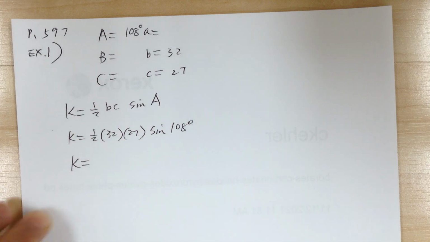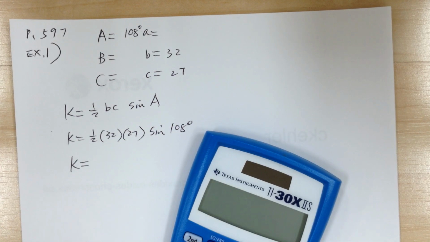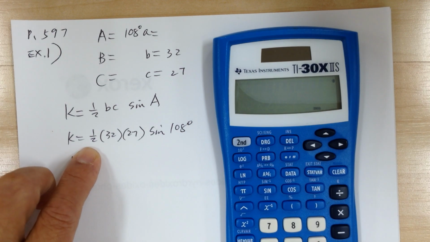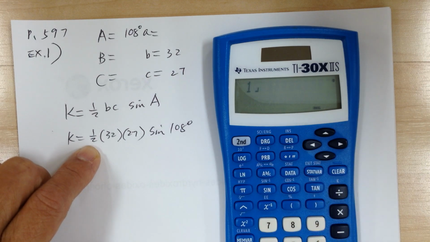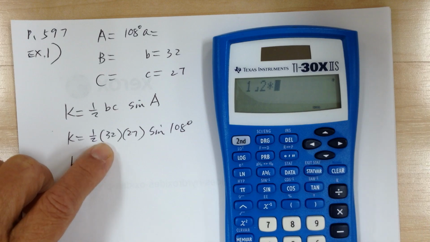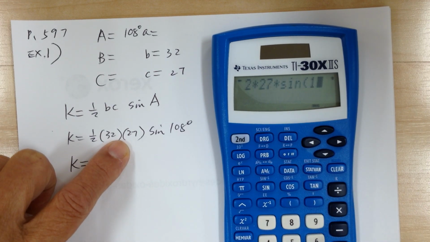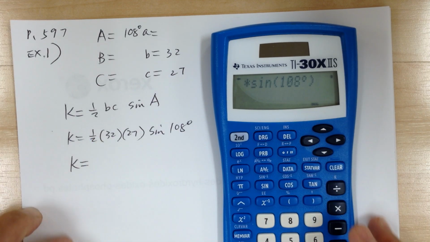So the area will equal, get your calculator and push all the numbers in: 1 over 2 times 32 times 27 times sine of 108 degrees, push equal.